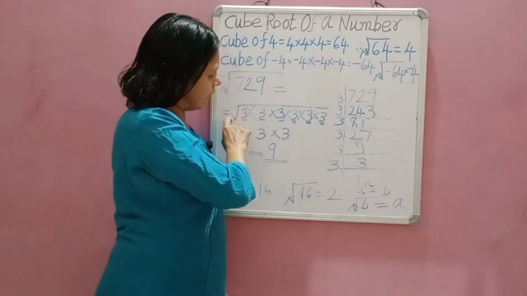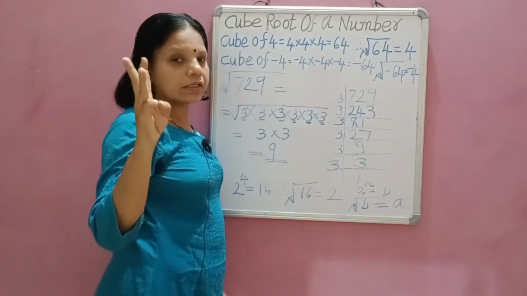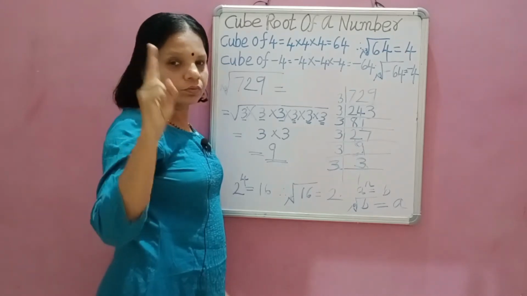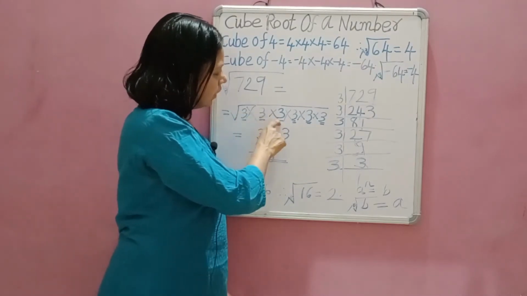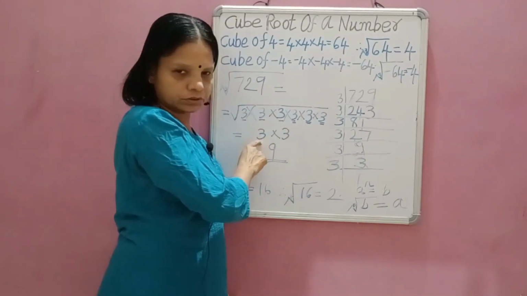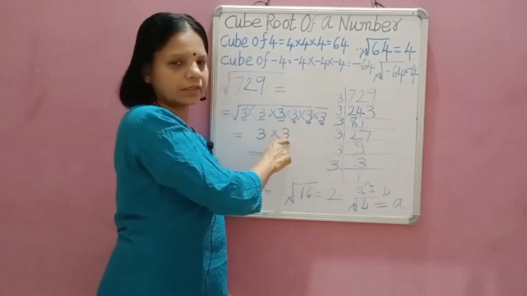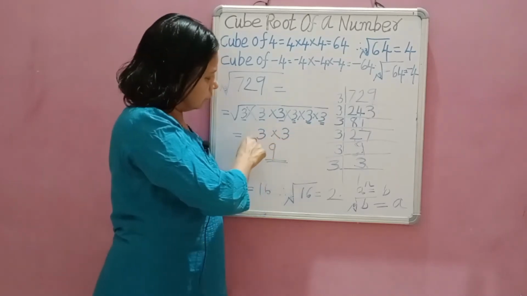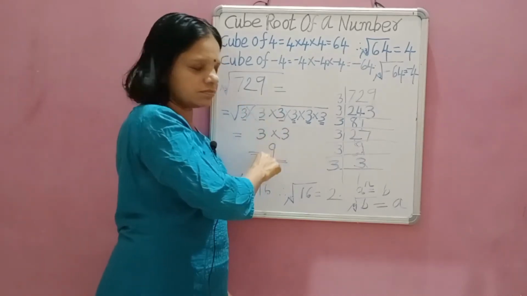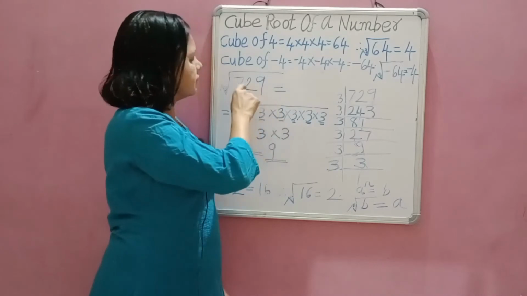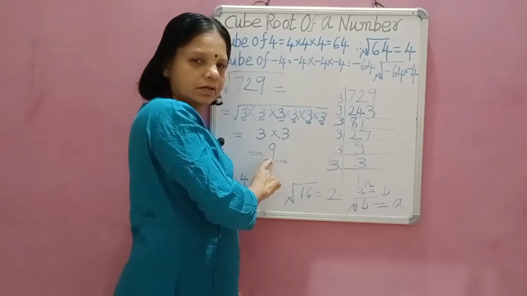You have to consider how many same factors? 3 same factors. In square root, 2 same factors. Clear? So from these 3 3's take 1 3 out. Similarly, from the other 3 3's take 1 3 out. So 3 into 3, 9. That is, cube root of 729 is 9. If it is negative 729, then it will be minus 9. Clear?